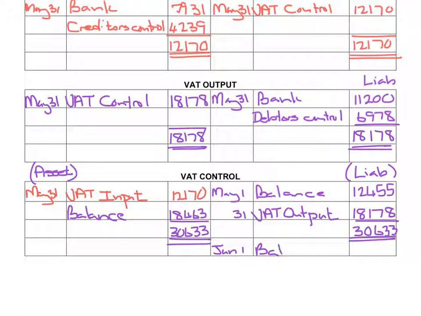So in your balance sheet, you will show that there's a liability for SARS of 18463.